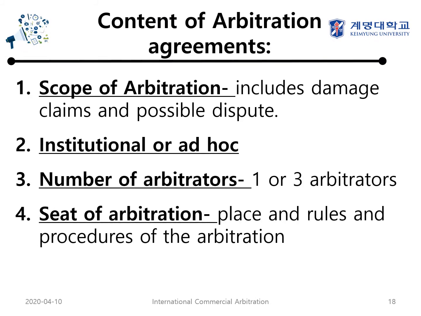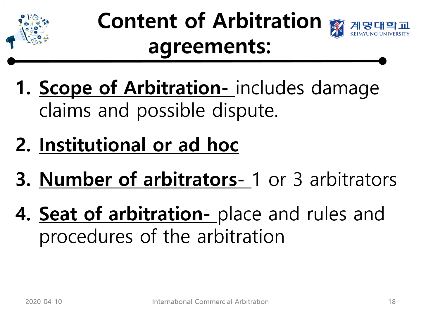First is the scope of arbitration. In this part, you will read the nature of damage, the nature of claims, the nature of dispute. It also explains the purpose of arbitration, the nature of disputes, and how the process will be done.